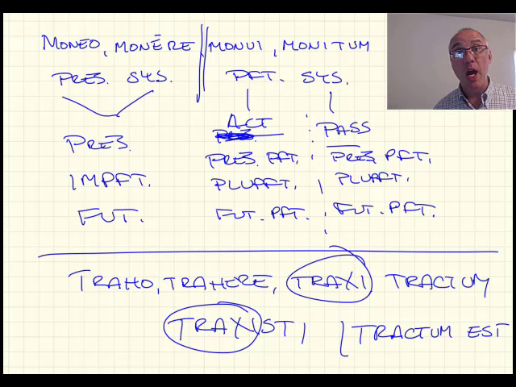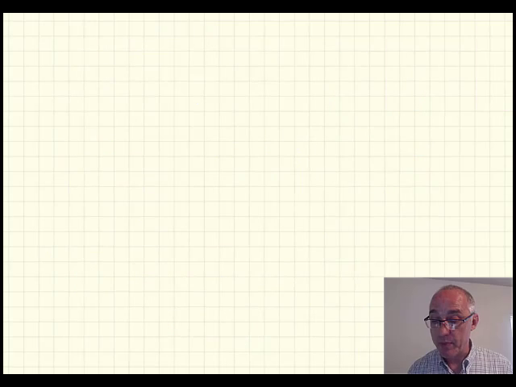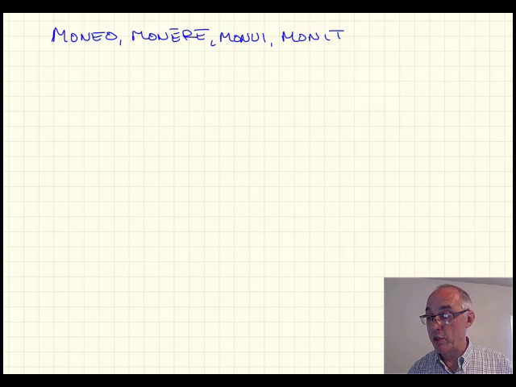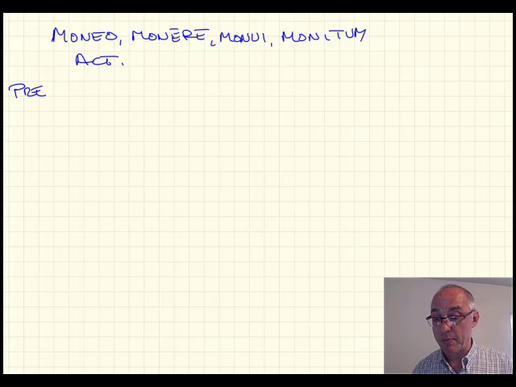Let's get back to conjugating in the perfect system. I'll rewrite it here: moneo, monere, and I know this is gripping video. Monui, monitum. The present perfect, we're going to start with the active, the present perfect.